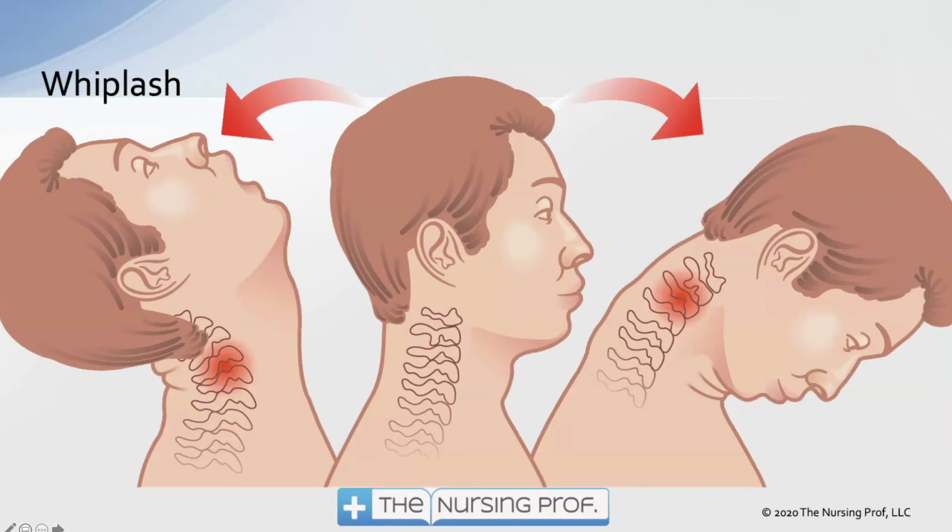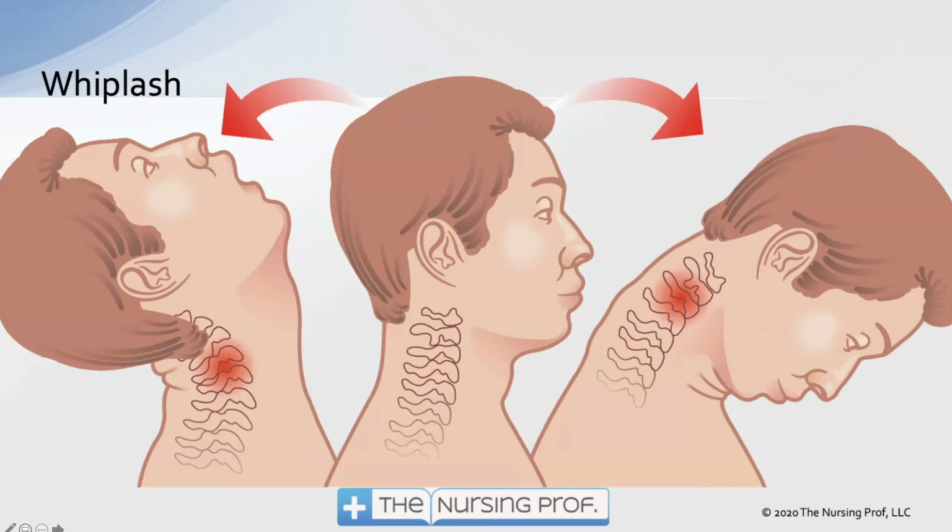There's the whiplash injury. So the whiplash, first of all, the car stops, so the head keeps going and the head goes forward. We get that hyperflexion injury, and then the head whips back again, and we get that hyperextension injury. Same kind of thing can happen from being hit from behind.